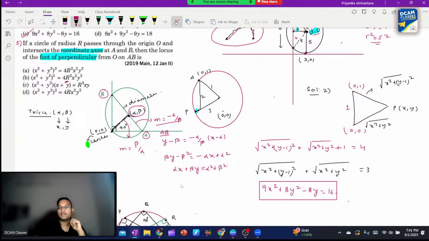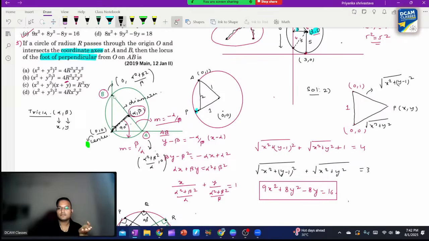In intercept form, x by (alpha square plus beta square by alpha) plus y by (alpha square plus beta square by beta) is equal to 1. So the coordinate of A is (alpha square plus beta square by alpha, 0), and B is (0, alpha square plus beta square by beta).